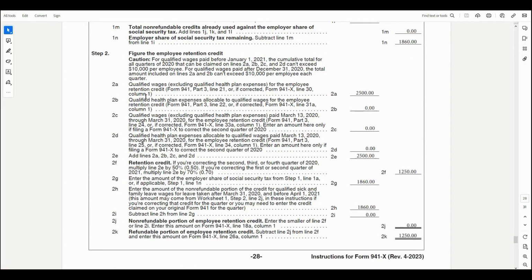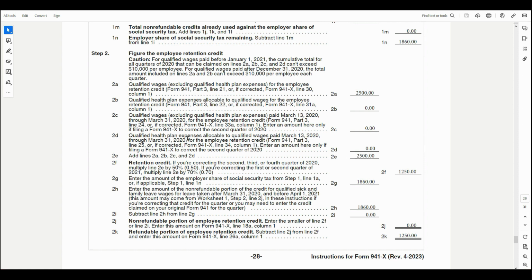Okay. So figure the employee retention credit. We're going to assume that we had qualified wages for that third week that amounted to $2,500. And again, we're going to just assume for simplicity that these amounts here for health plan expenses and qualified wages, excluding qualified health expenses paid between March 13 and March 31st of 2020, so that final portion of that first quarter, are still 0, and also 0 for this line here.